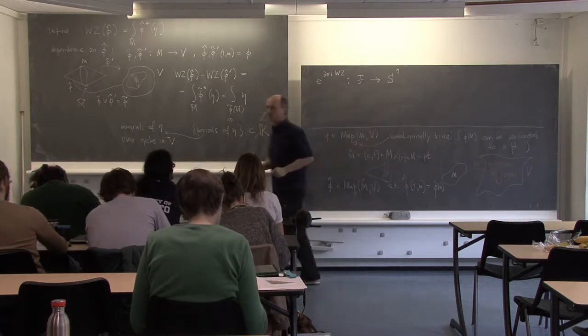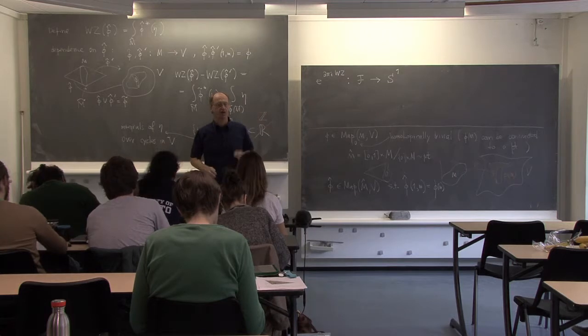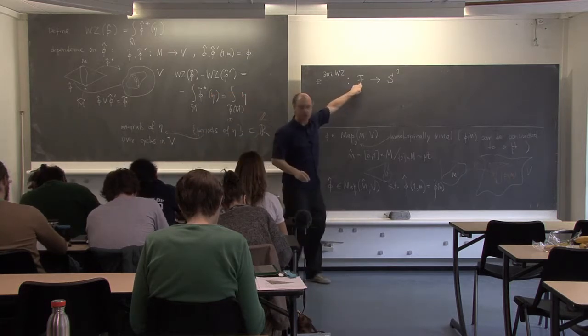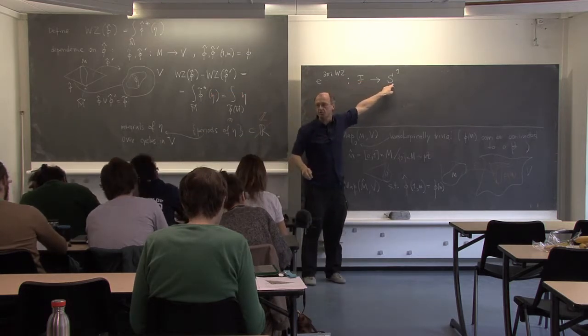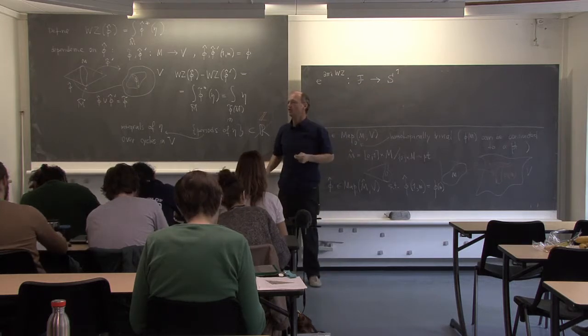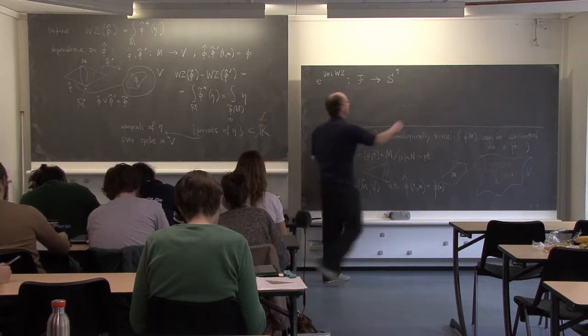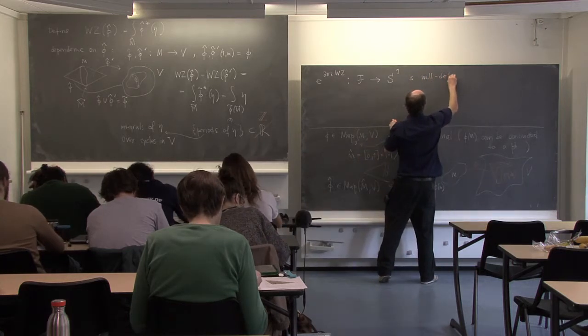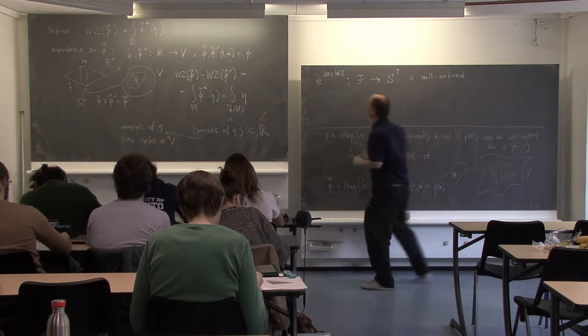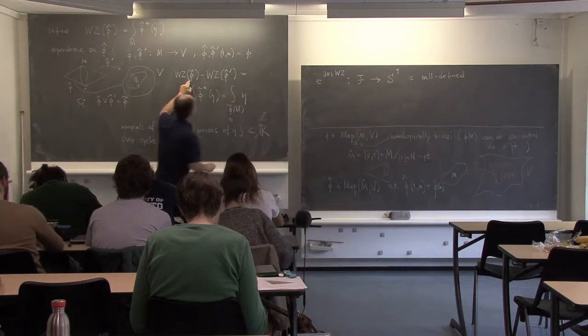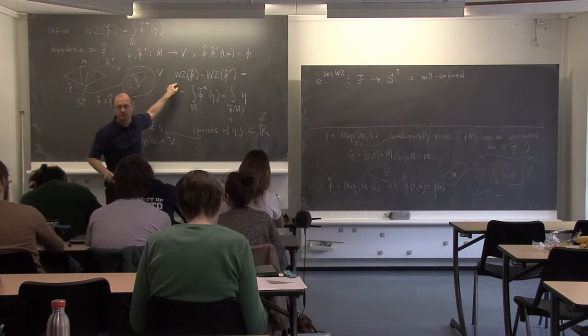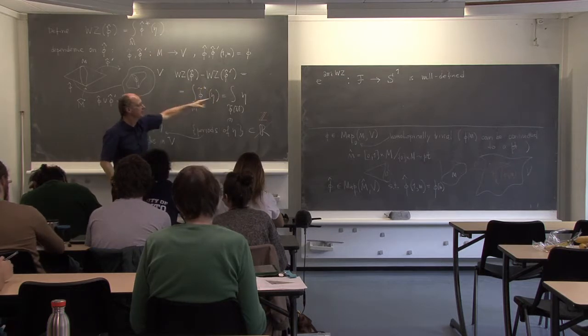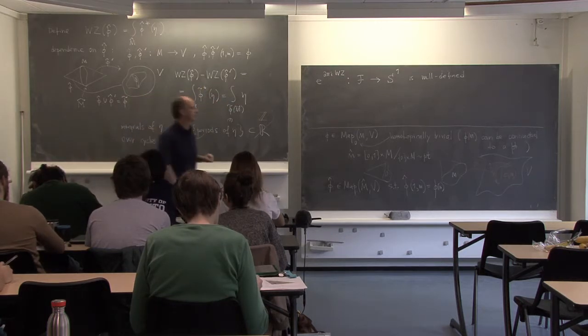So this implies that the map, exponential of 2 pi i WZ, from the space of fields to S1 is now well defined. Because now it is actually independent of the choice of the lift. So you chose different lifts, but this expression remains the same.